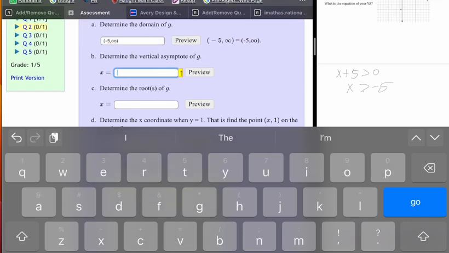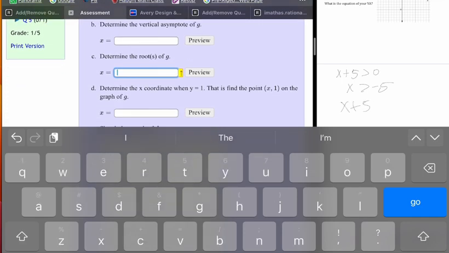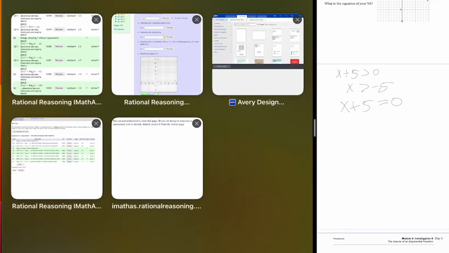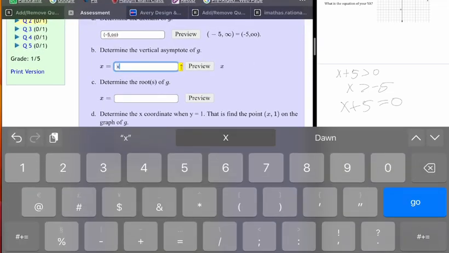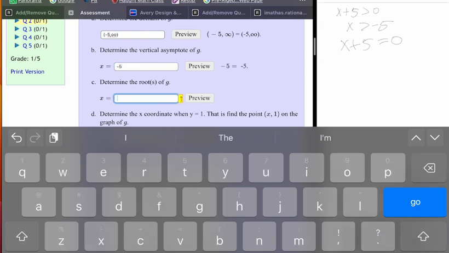The vertical asymptote is when x plus 5 equals 0, so that's at -5. The root is where x plus 5 equals 1. So just set x plus 5 equal to 1. And so that would be, for me, -4.